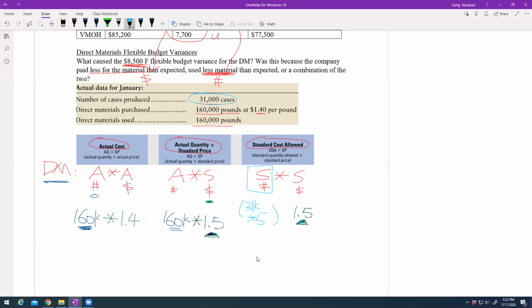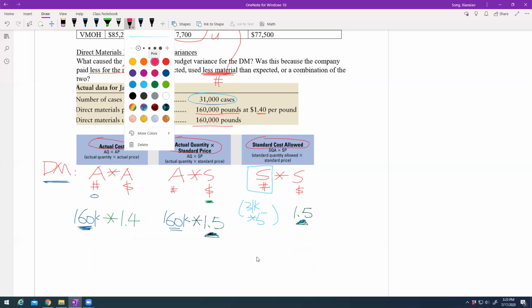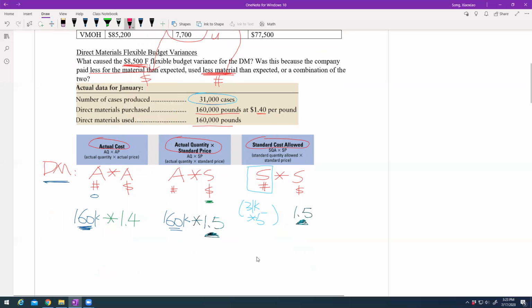For the first column and the second column, these two columns both use the actual pounds of the direct material. If there is any variance, the variance is from the price.